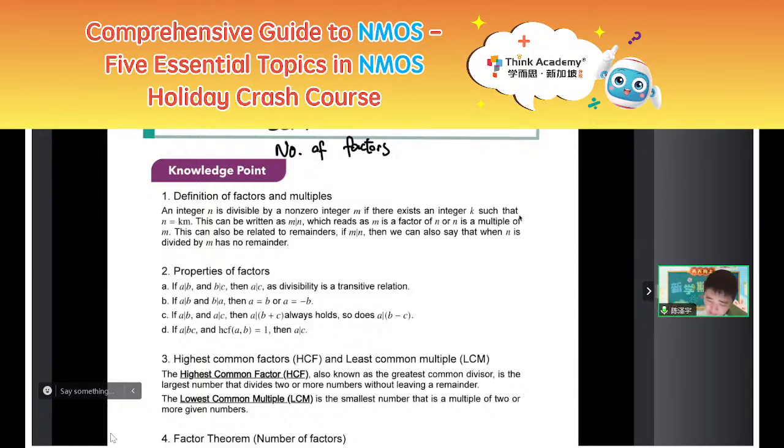So for example, if n is a factor of m, that means the number m can be written as some whole number, an integer, times n. Now this is called a factor. Of course, we can also say if n is a factor of m, then m is a multiple of n. And it's mutual. It's the same.